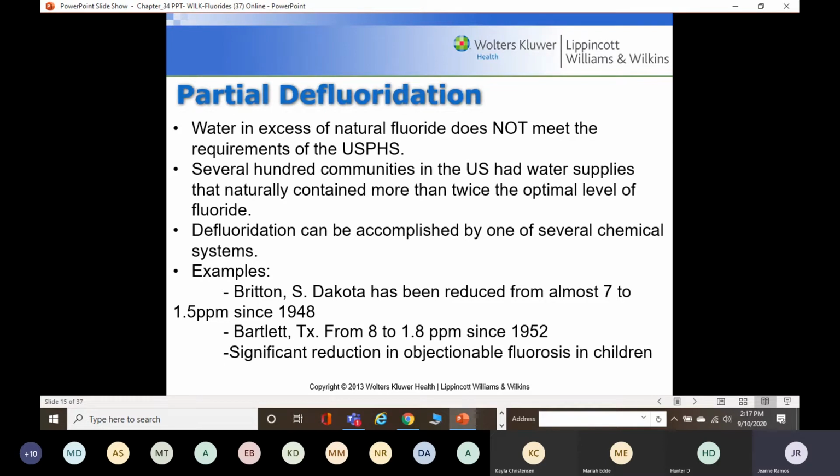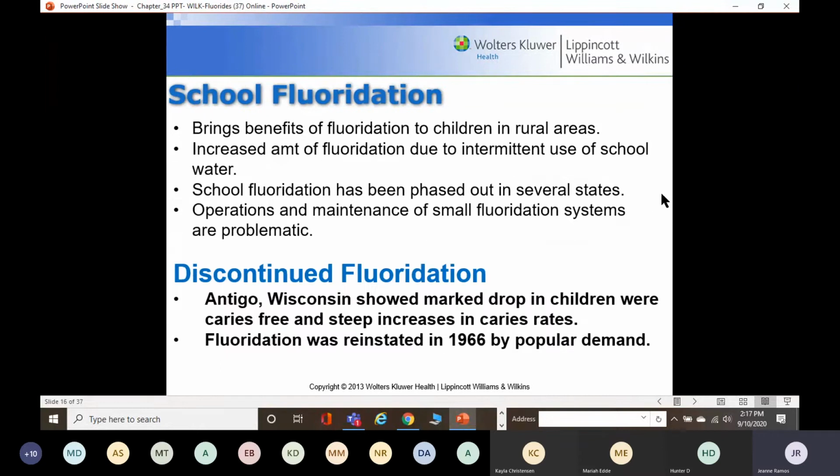I'm like, were you born in the South? Were you born in the far North, West? And they would always be surprised, but you could tell by the way their teeth looked. There's a significant reduction in objectionable fluorosis in children now, since they defluoridated.